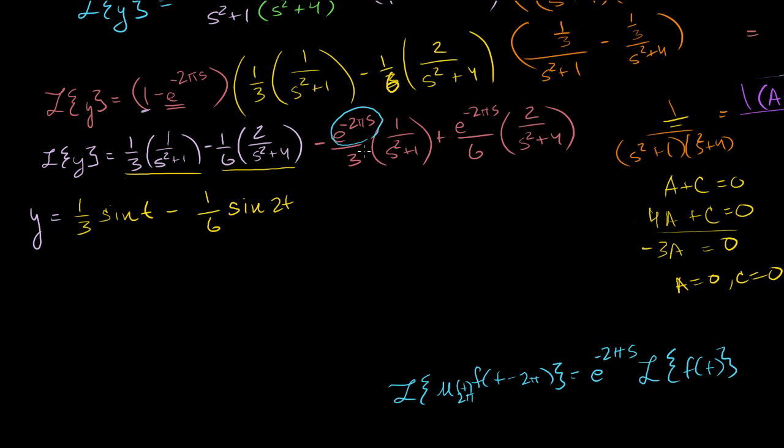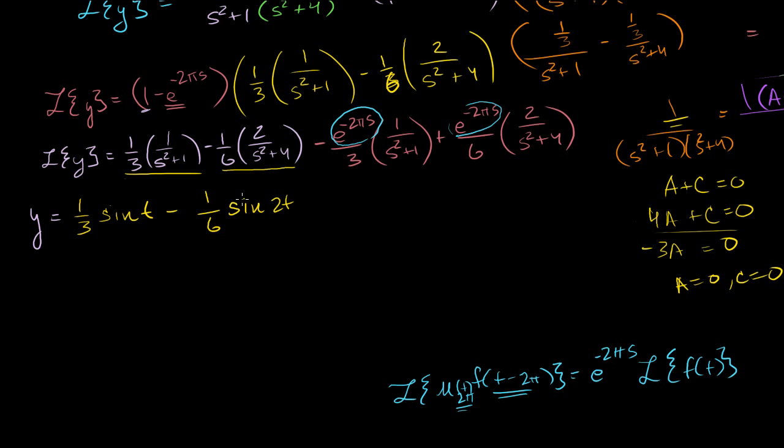If you didn't have this guy here, the inverse Laplace transform of this guy would be just sine of t. Inverse Laplace transform of this guy would be sine of 2t. But we have this pesky character here, which essentially, instead of the inverse Laplace transform just being our f of t, is going to be our f of t shifted by 2 pi times the unit step function where it steps up at 2 pi.